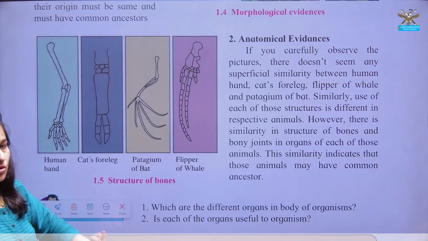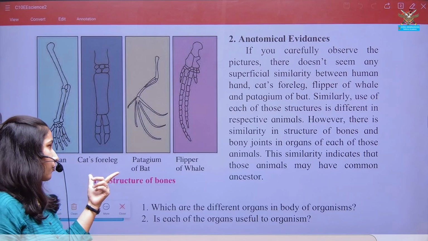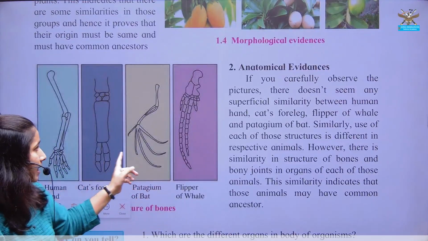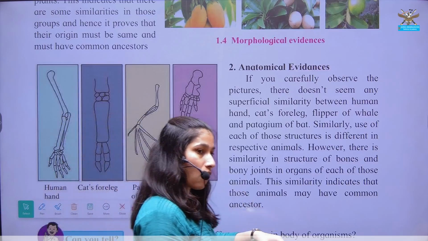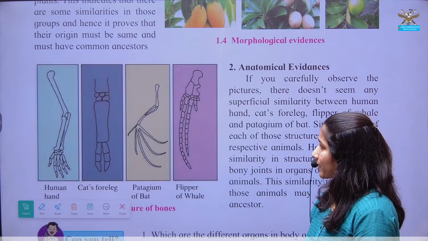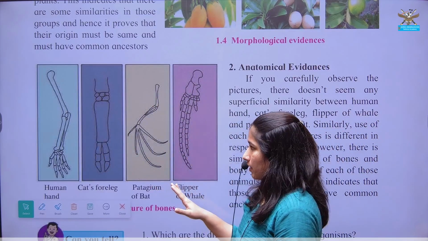anatomical evidences show that internally, whenever you see the human's hand, cat's foreleg, patagium of bat or flippers of whale, each and every one, internally or externally. First we will talk about external characters: externally these all look different, right?